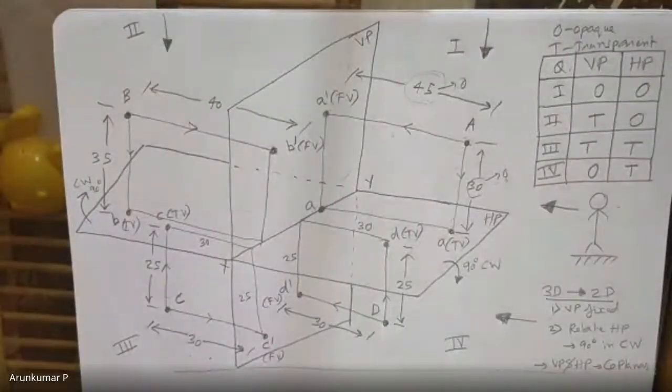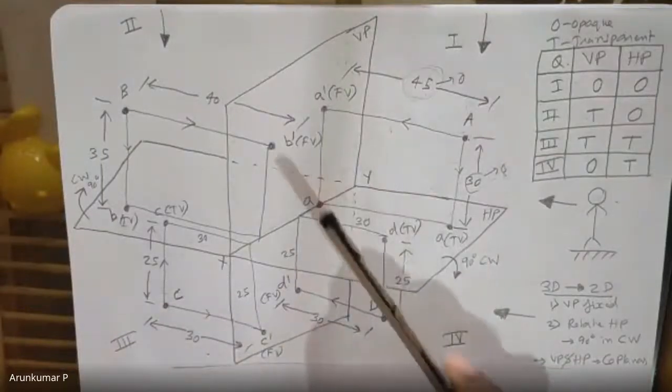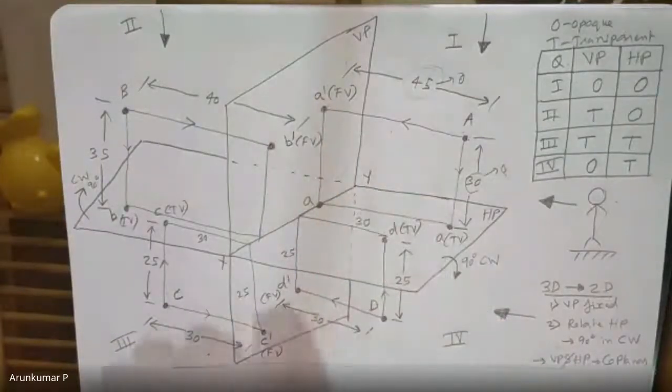So now what we can do is we'll go ahead and introduce the side plane, because as I have told you in the first class, for simple objects, front and top view are good enough.